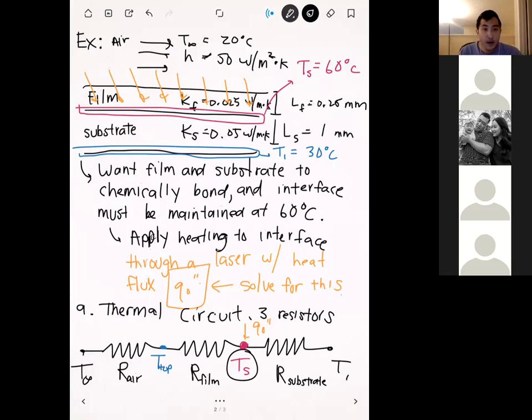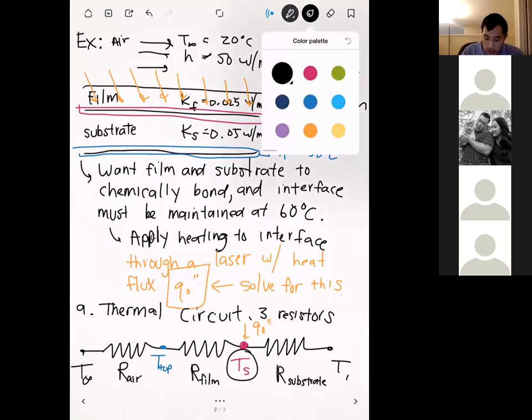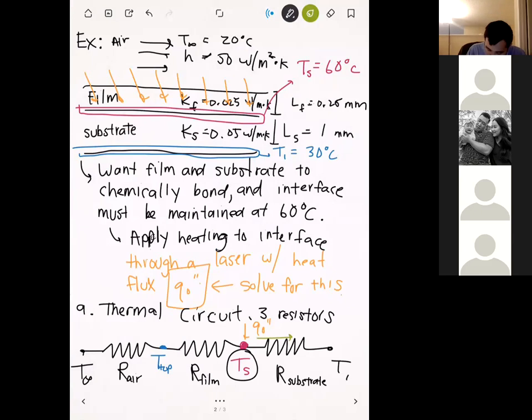Because it's the highest temperature, heat is going to flow from this node out in both directions, because remember, heat always goes from high temperatures to low temperatures. So when we apply our heating to this intersection, one path of heat goes up towards the air, and one path goes back towards the bottom of the substrate.